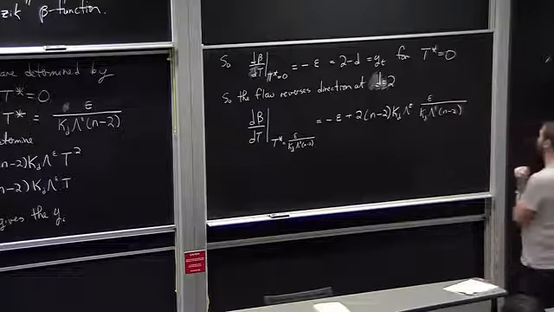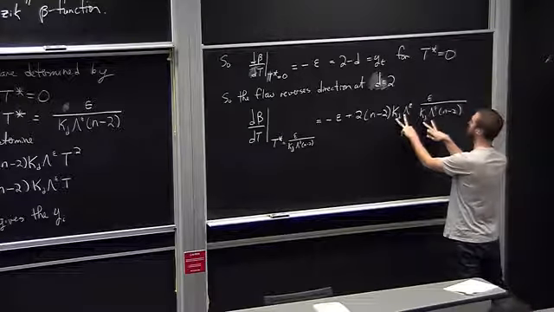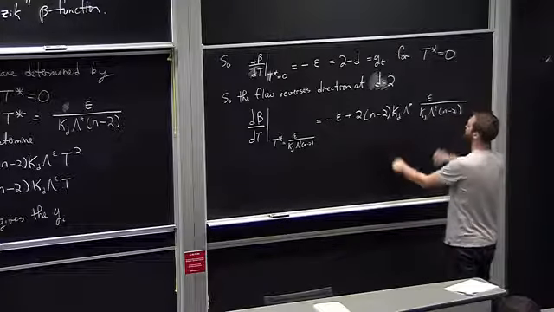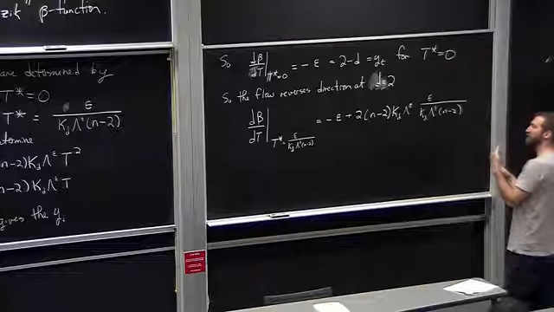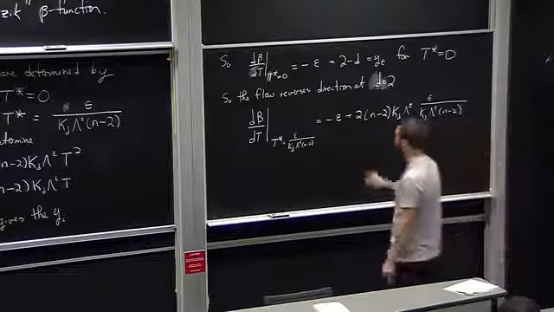Is that going to work? Yeah, okay, so these K_d's and the cutoffs cancel. The n minus 2's cancel. Oh yeah, so I have 2 epsilon. Yeah, that makes sense. So I have plus 2 epsilon minus epsilon. So it's just epsilon.